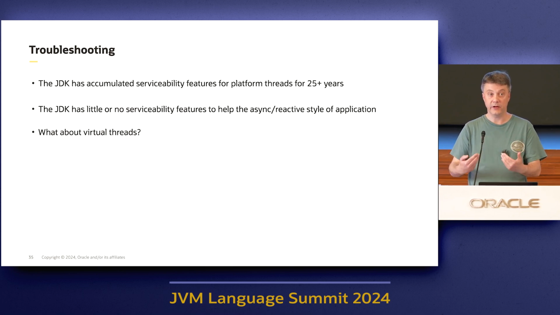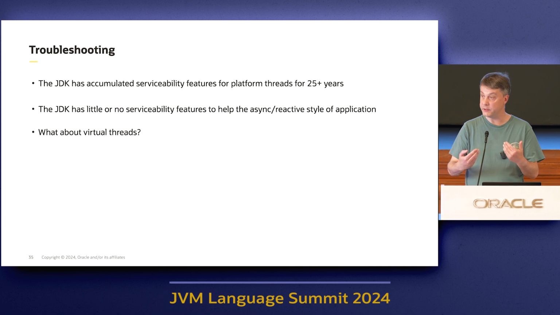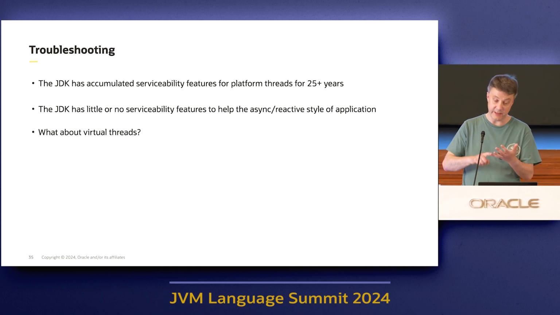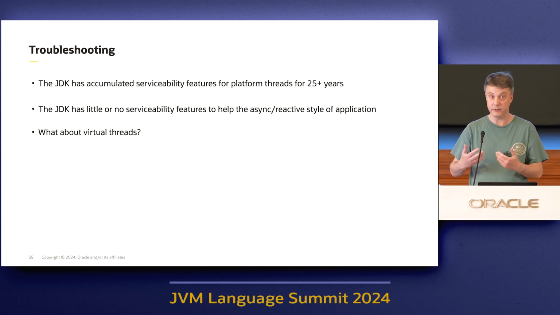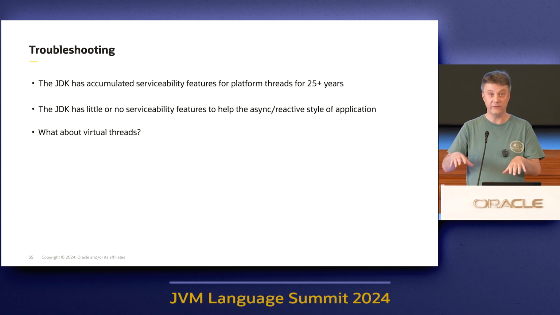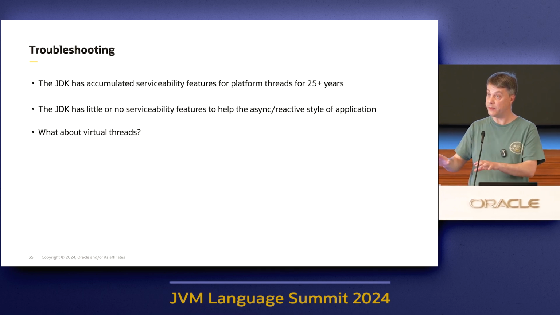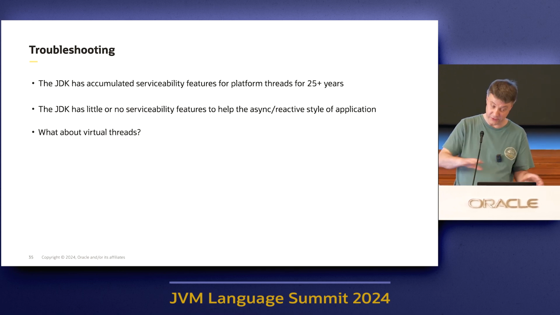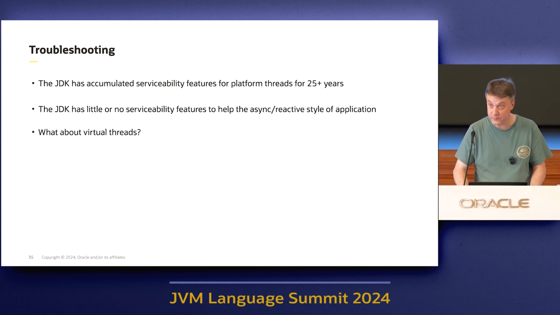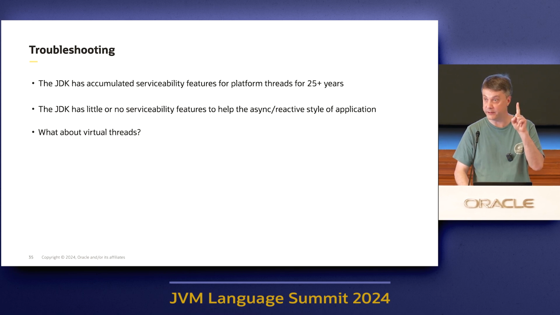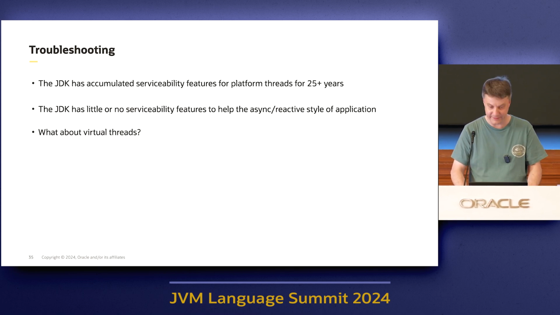You're actually providing something that allows people to move away from having to use async and reactive and all that other hard to maintain code. The VM and the Java ecosystem has close to zero support for those types of applications. So I think we're actually competing with something that has nothing. If we even provide one method to provide a thread count, we're already better than what's there for async.